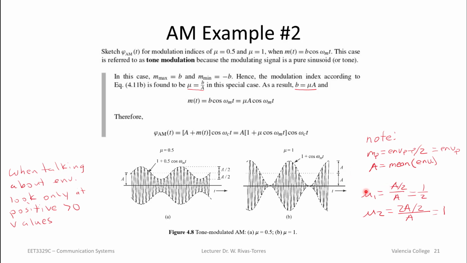And then we know that the mean value, because they're telling us right here, is A. So when you divide that, this is where you get the 1 half. The same thing happens with U2. If you look at this peak to peak, it's actually 2A, right? So if I take 2A divided by 2, what's the average value between those two? Well, it'll be A. And I divide it by A, and I have a mu of 1. That's where mu of 1 comes in.